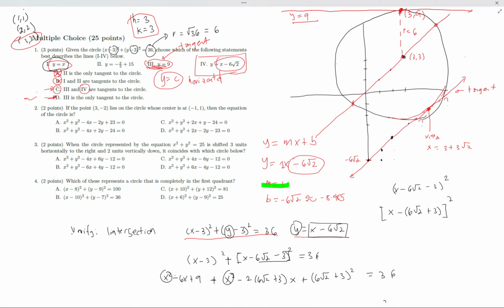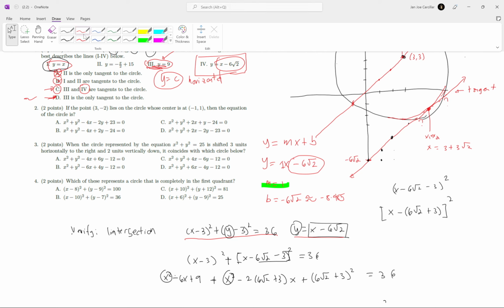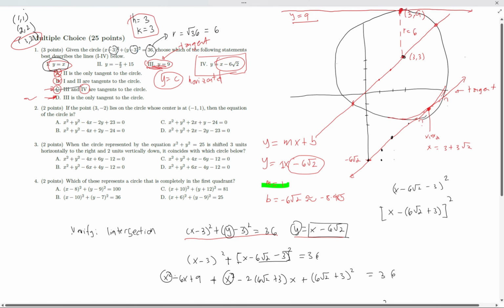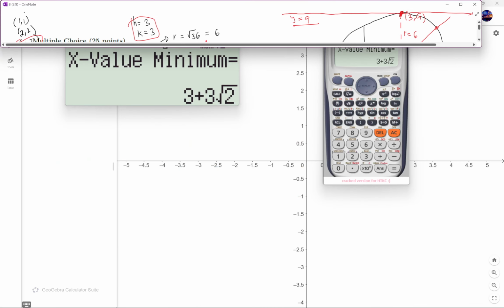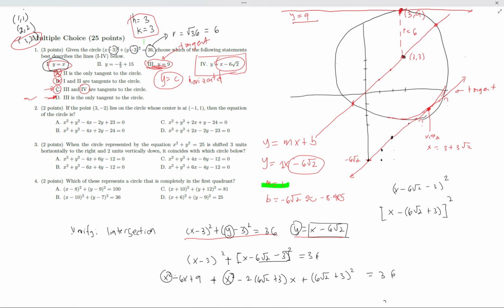Now in this case, the answer must be letter C. It's that 1, 3 and 4 rather must be tangents to the circle. Sorry for that, I'm trying to get the highlighter so that I can highlight the answer. So in this case, this is the answer. 3 and 4 are the tangents to the circle. Okay, so I guess that's it for number 1.